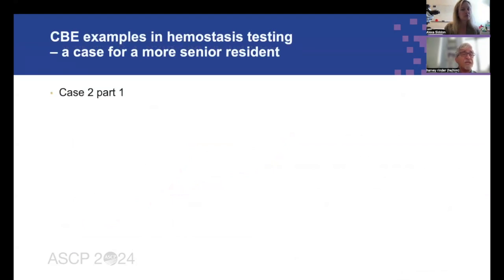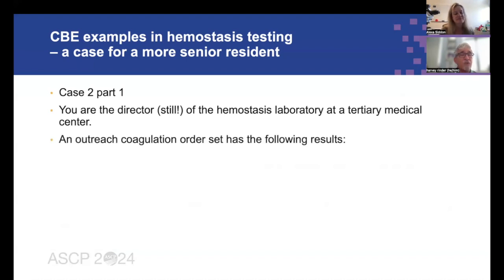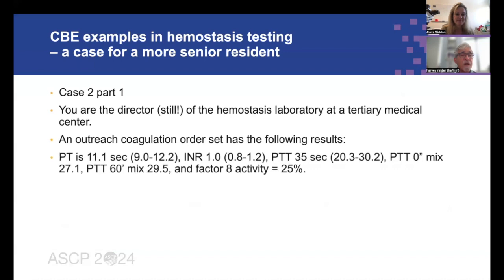Examples. Here's a case for a more senior resident. We'll go through the same thing a little bit more quickly. You are still the director of the hemostasis laboratory at a tertiary medical center. An outreach coagulation order set has the following results. PT is normal at 11.1, as is the INR.